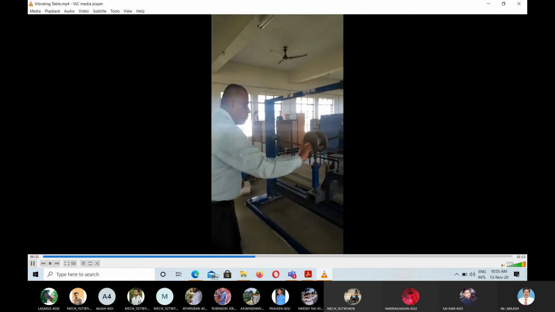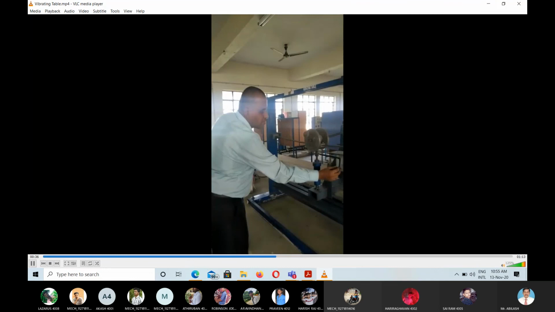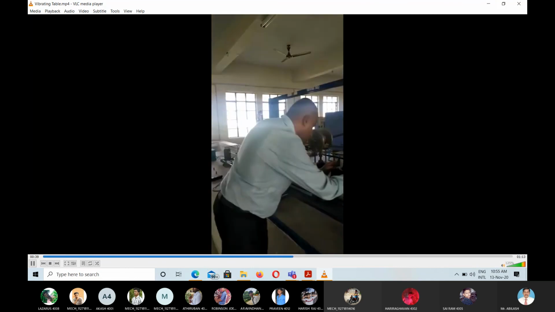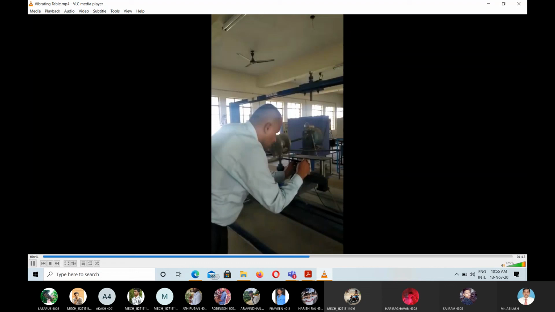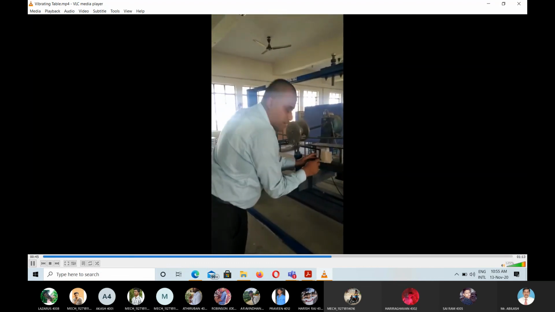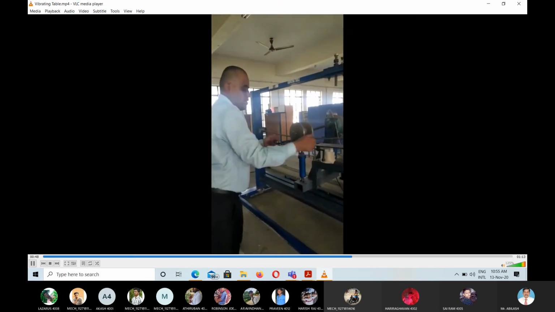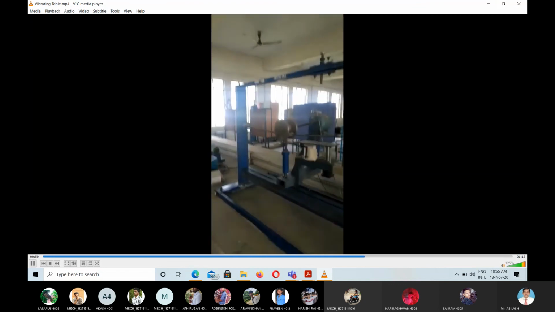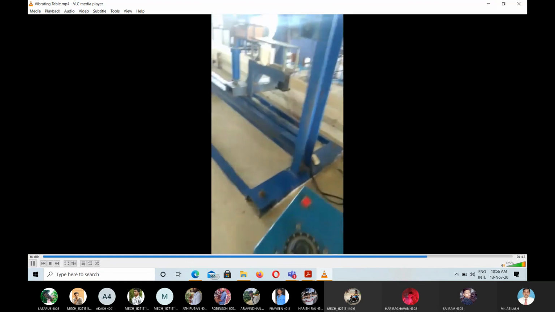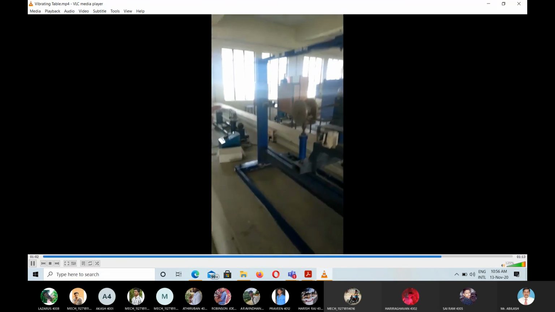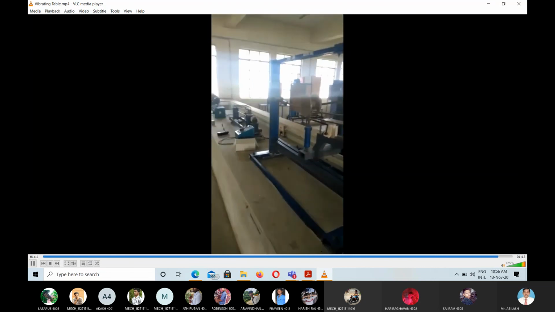While this runs, it will oscillate like this. If you insert a pencil here, the paper feeder will show the reading. This is the working of the vibrating table.